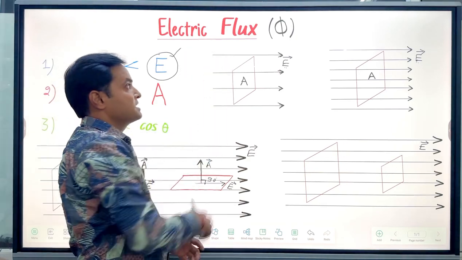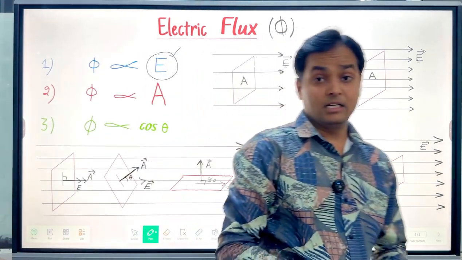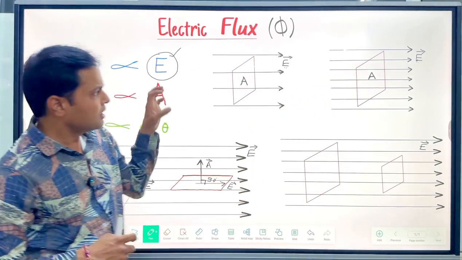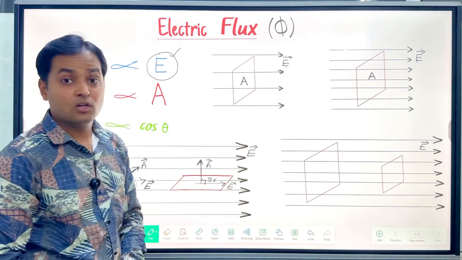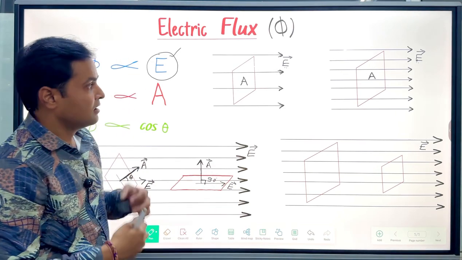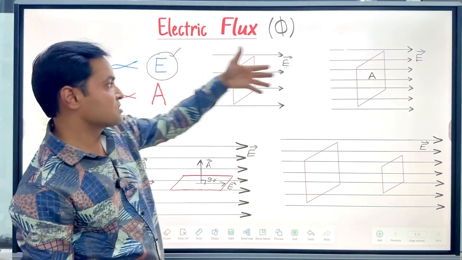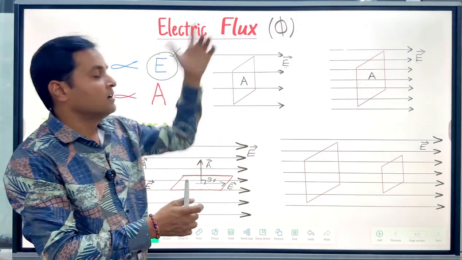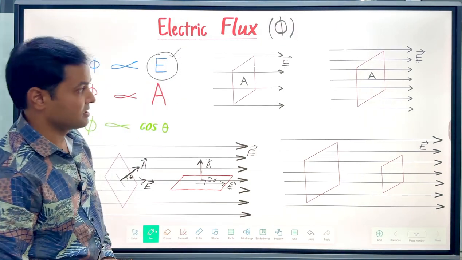To understand electric flux, we first make clear that electric flux is the number of electric field lines crossing the given surface normally. The red surface bounds some area. If some electric field lines cross the given area, then the number of electric field lines is called electric flux.